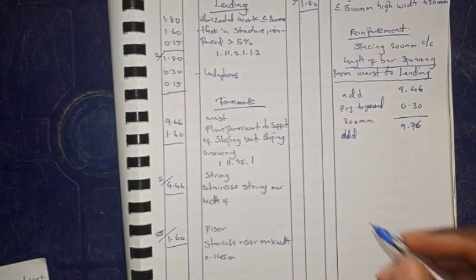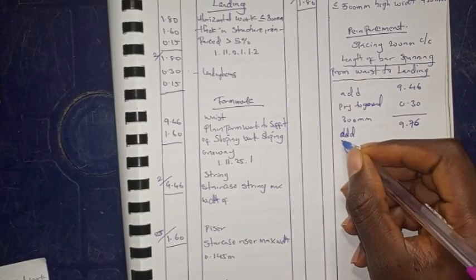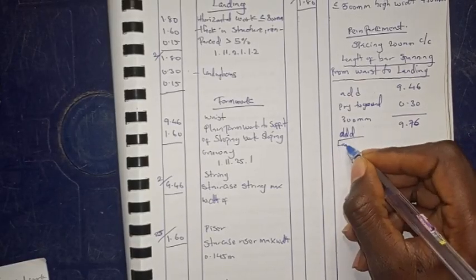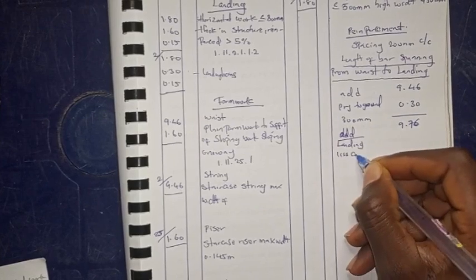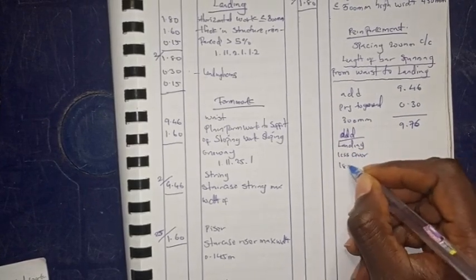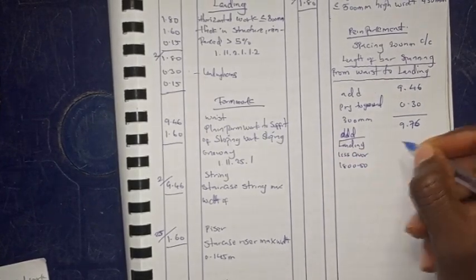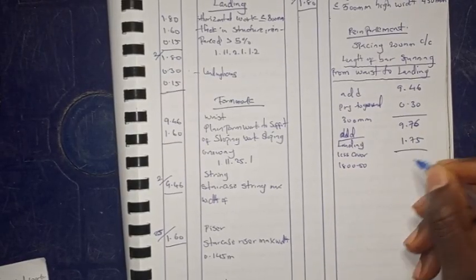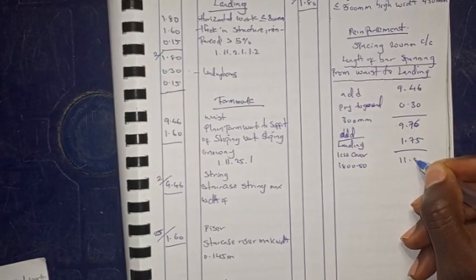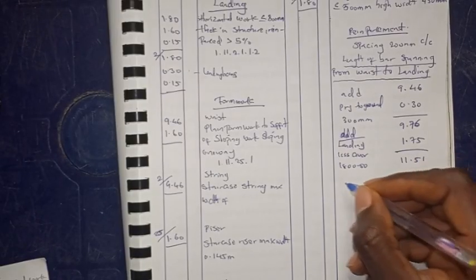But before we do that, we'll have to less the cover for the landing area. So it's going to be 1.80 minus 50, we'll have 1.75 at the end of the day. Add that together, you have 11.71.